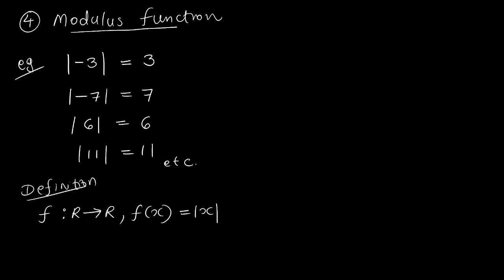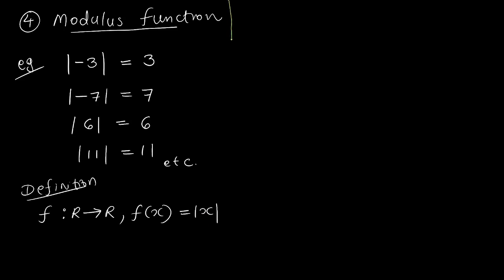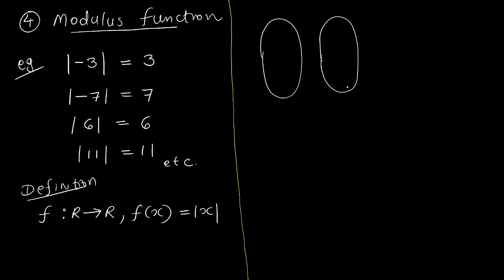We need only the graph, and after that I will explain domain and range. If you want the arrow diagram, I can explain, but in the exam they will ask only the graph.